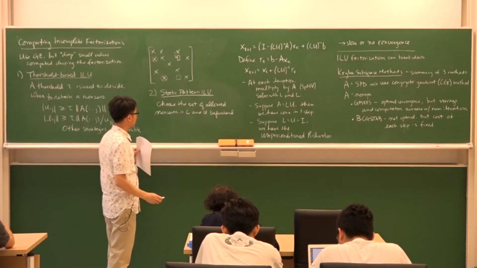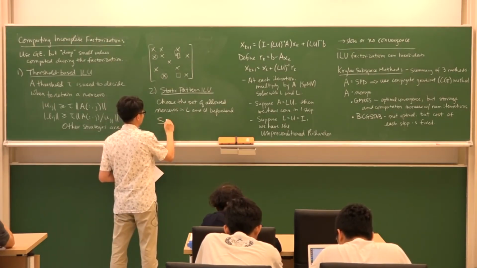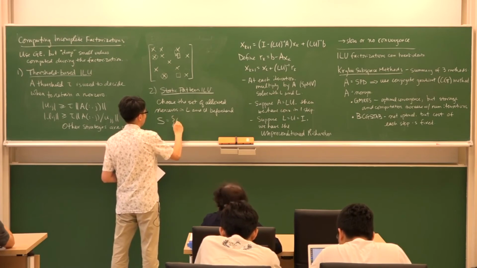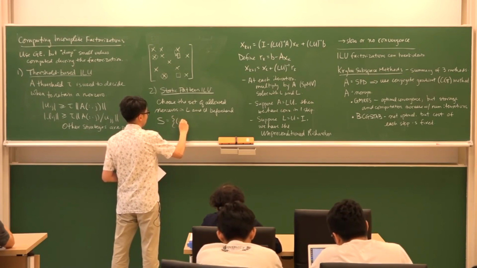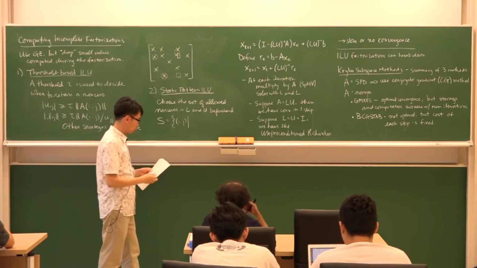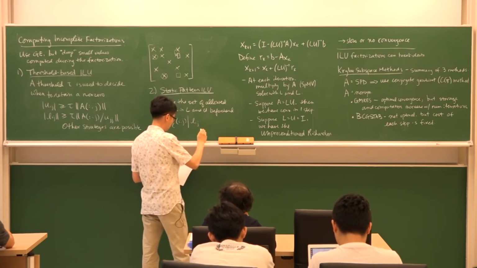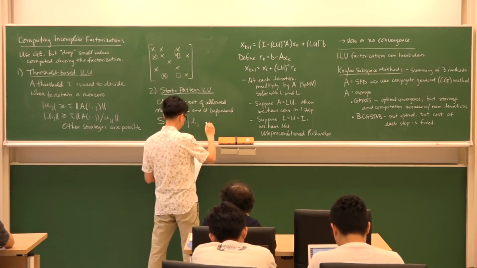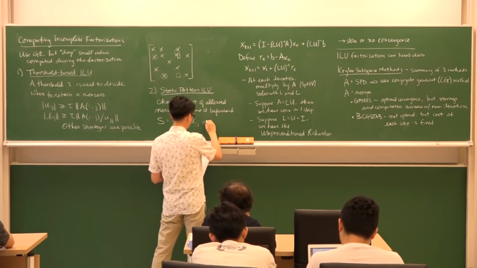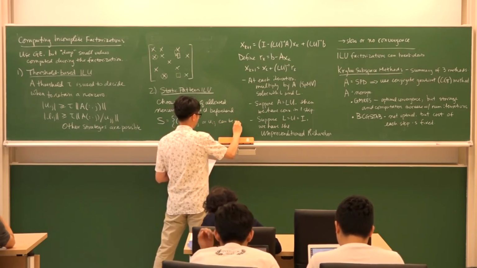And I'm going to do this by specifying this set S as the set of locations in the matrix ij such that Lij or Uij can be non-zero.